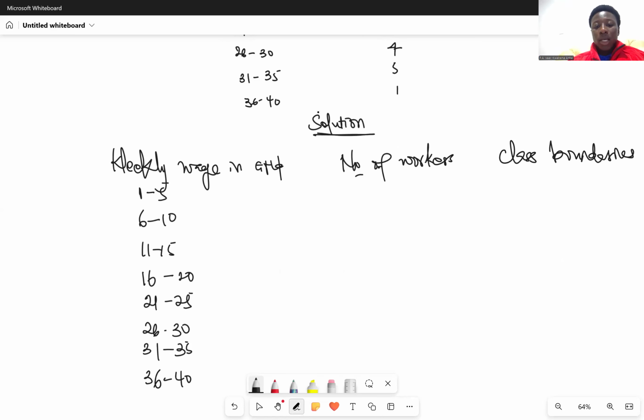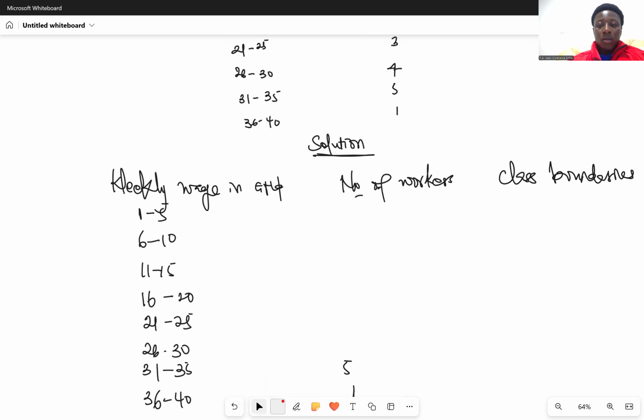Then the number of workers, let's start from the bottom. I have 1 at the bottom, then 5. What else again? 4, 3.